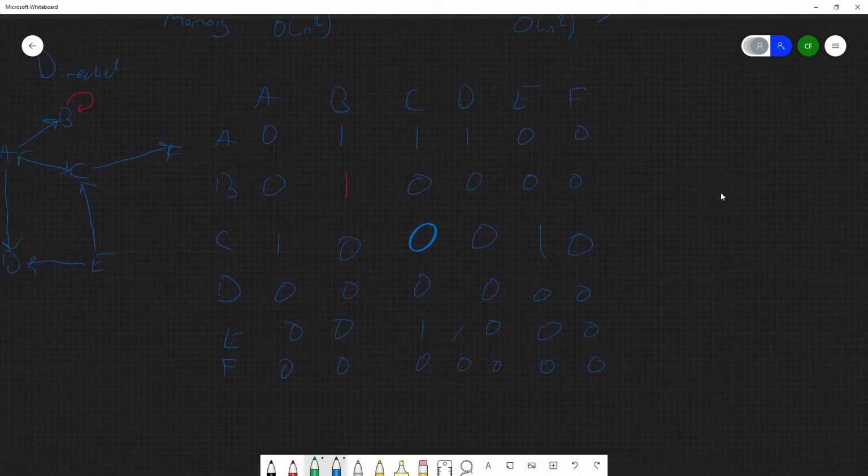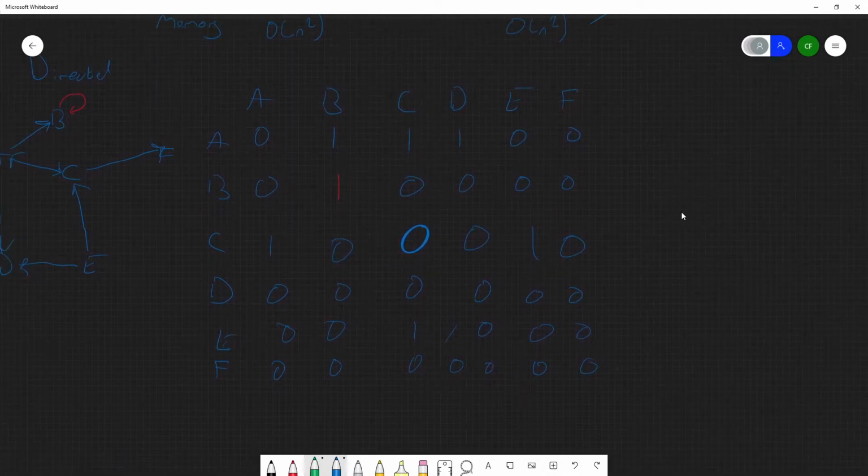If we were to draw the adjacency list for this, I'll just draw it at the same height. This one goes to B, C, D. This goes to B. This goes to A and E. This goes to nothing, so nil. This goes to C and D, and this goes to nil.